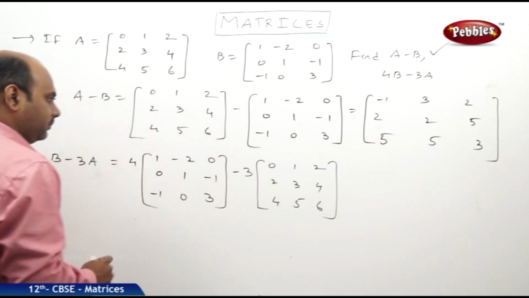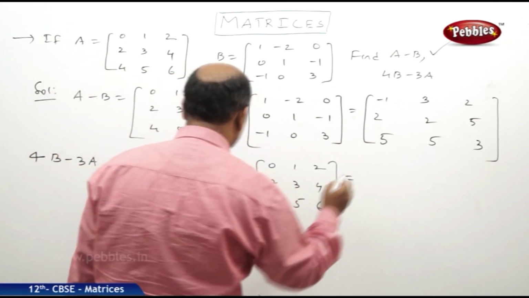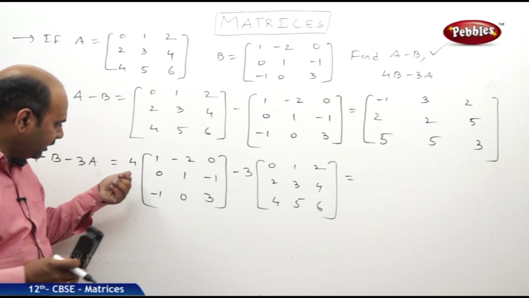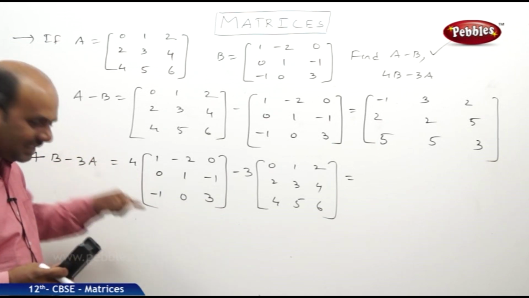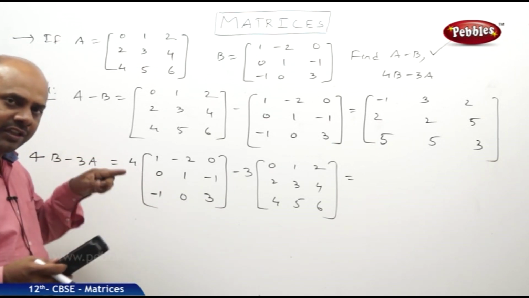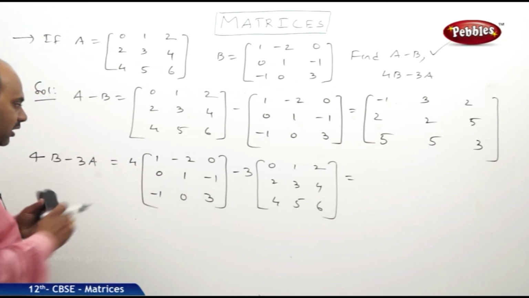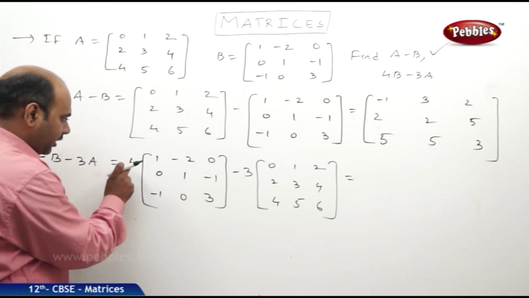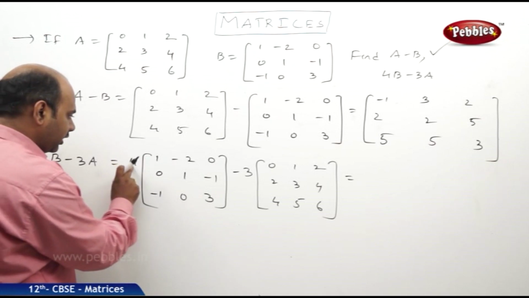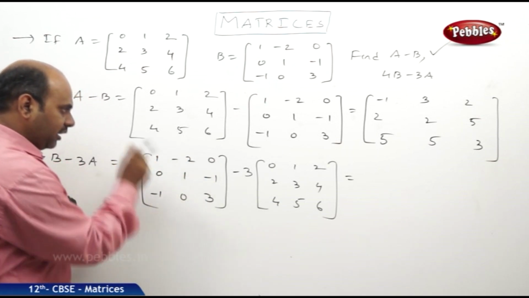Now what happens? Here I am writing that a matrix multiplied with a scalar means that the scalar should get multiplied with each and every element of the matrix. That means 4 into 1, 4 into minus 2, 4 into 0, each and every element.